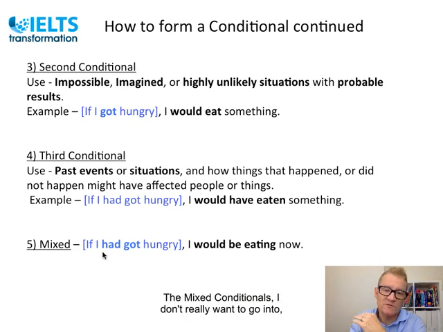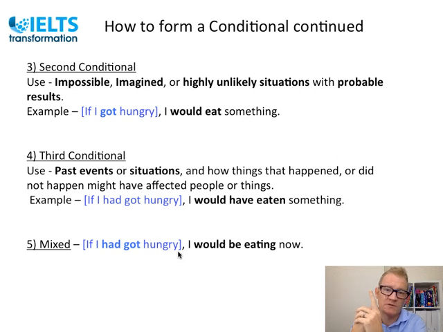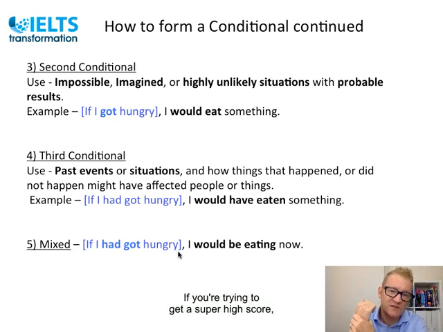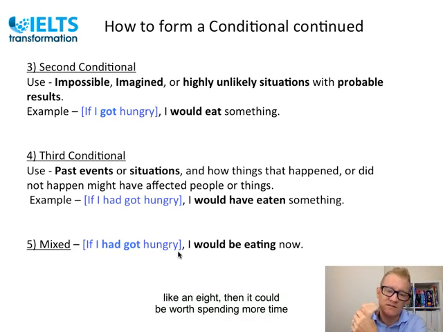The mixed conditionals I don't really want to go into, but technically you can combine all of the ones before. You can combine half a zero and half of one, half one and half a second, but don't worry too much about that. If you're trying to get a super high score like an 8, then it could be worth spending more time studying that, but I wouldn't worry too much.